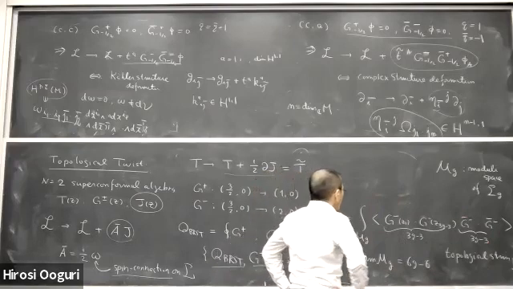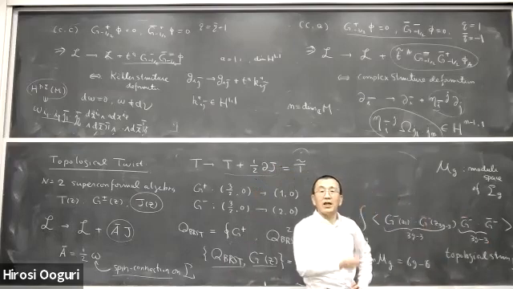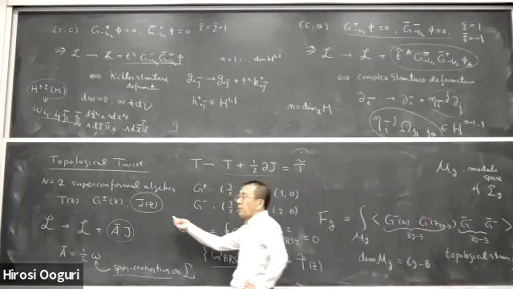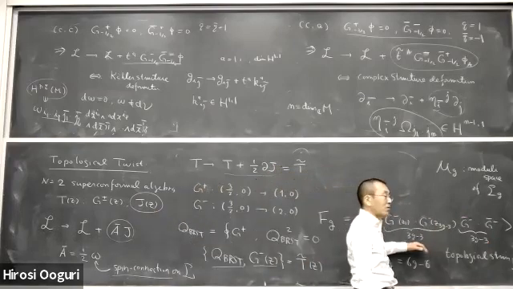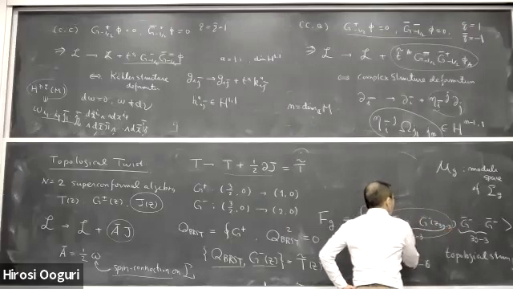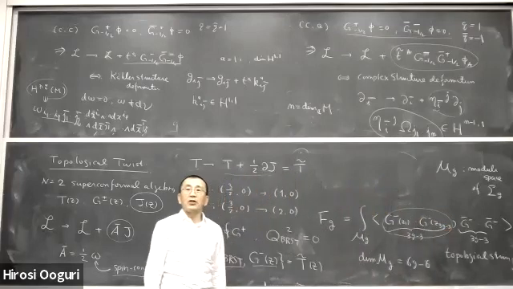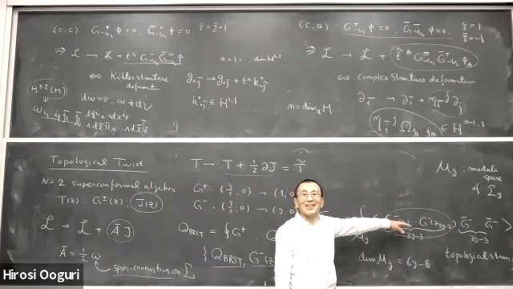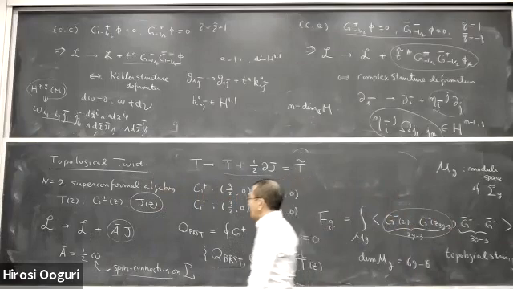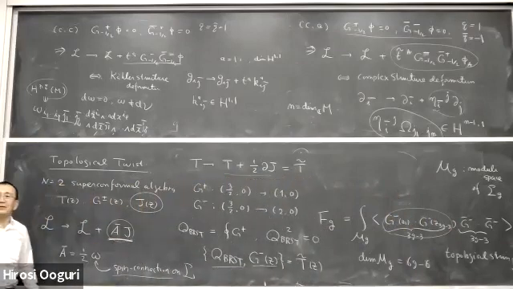Okay, so G minus carries -1 unit of U1 charge. So if you insert 3G minus 3 of them, then this operator has negative charge. So in order for this quantity to be non-zero, it has to be cancelled by something else. It turns out that it's actually nicely cancelled by the presence of this background gauge field.